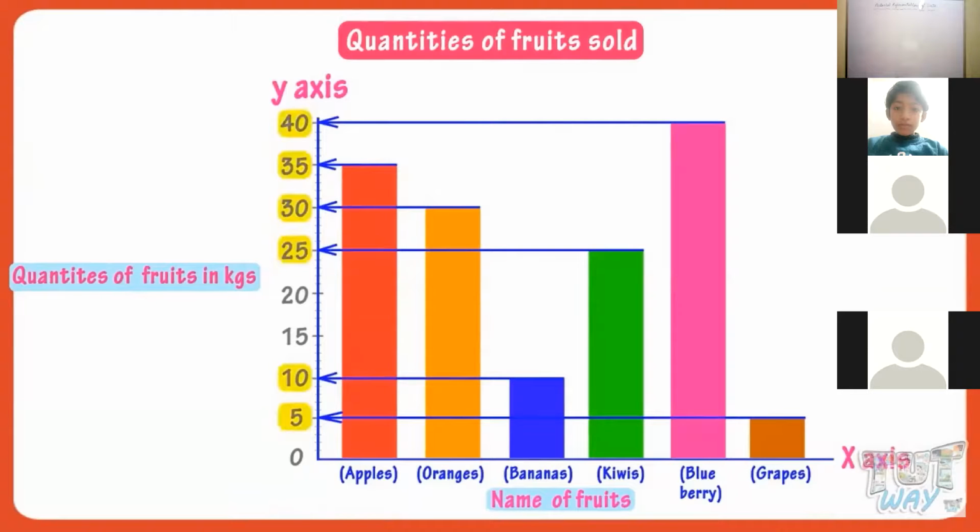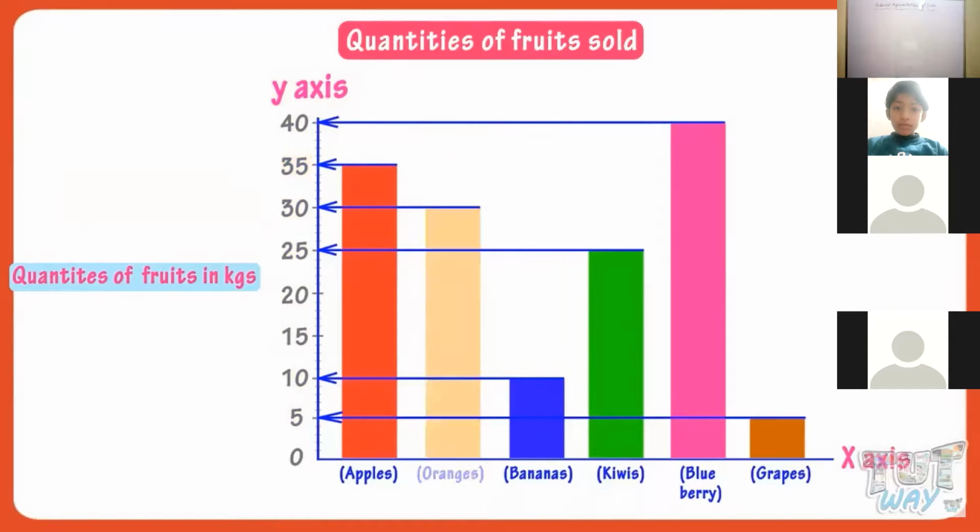The length of the bars is measured with the vertical scale along the vertical axis or y-axis, as the numerical data is given on the vertical axis. This axis is the vertical axis, which shows 35 kg of apples sold.